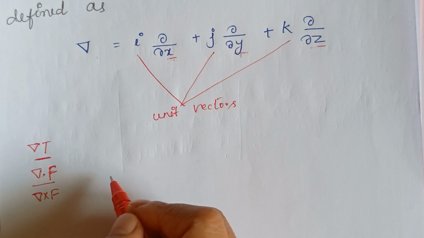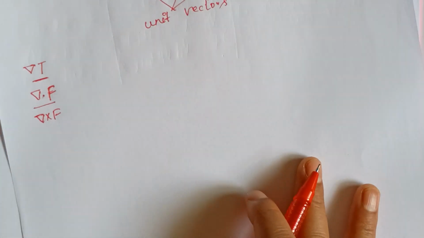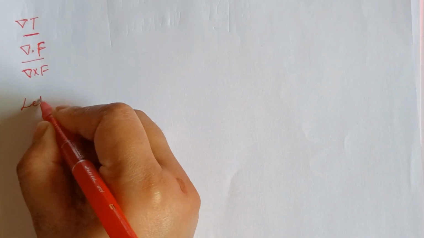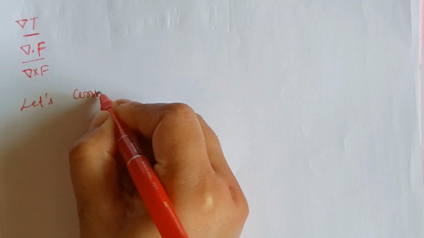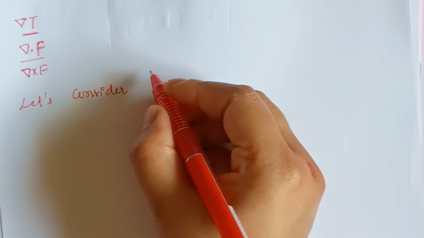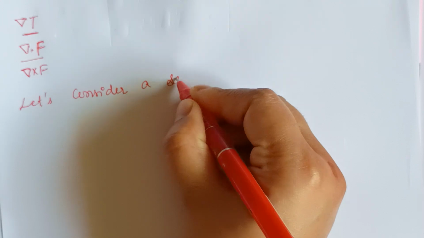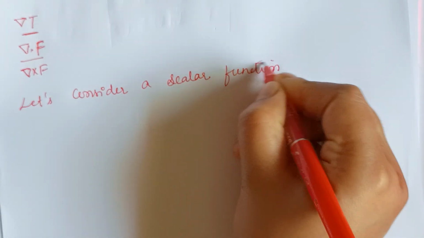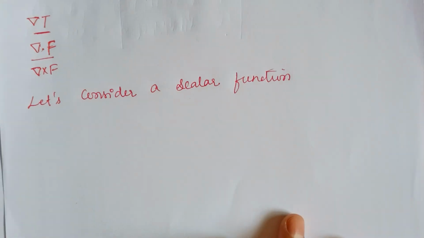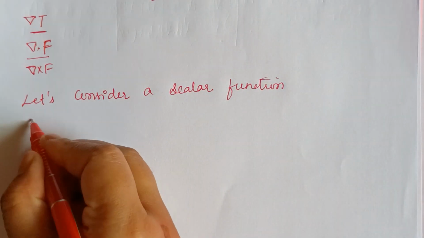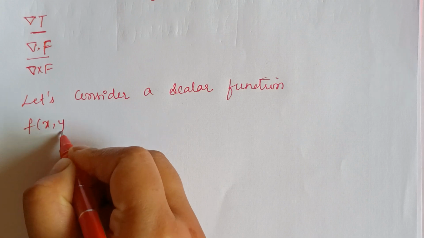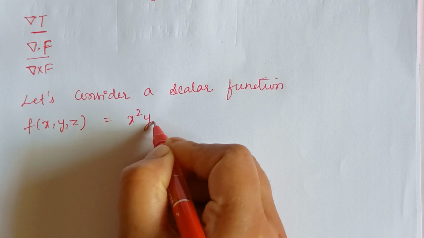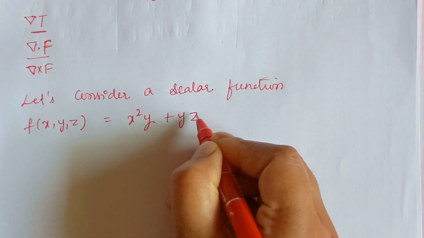So let me consider one scalar function, just to explain. Let's consider a scalar function f of x, y, z equals x squared y plus yz.